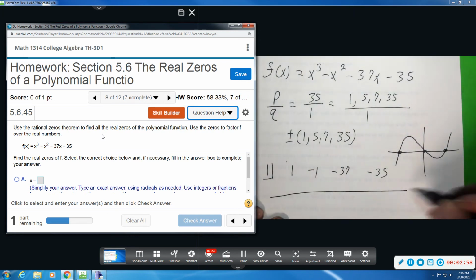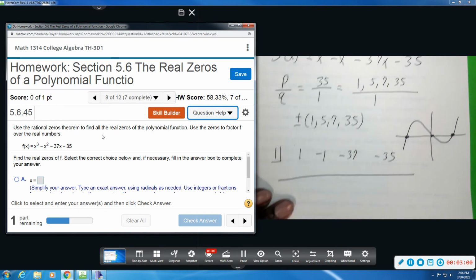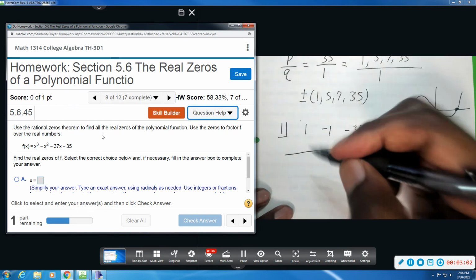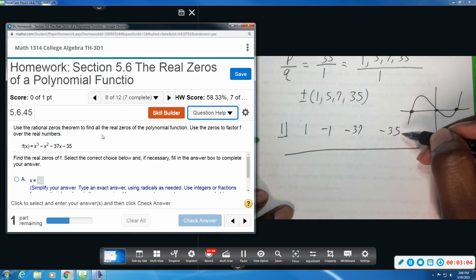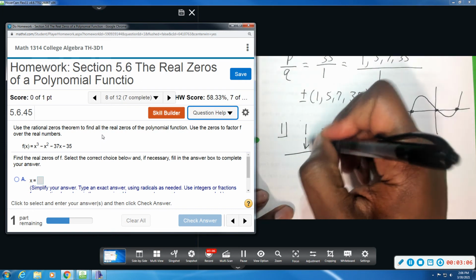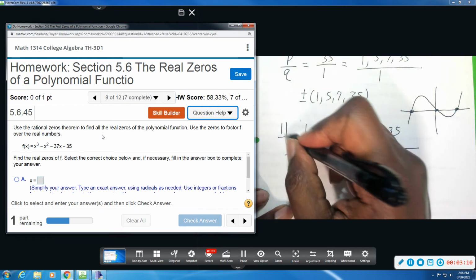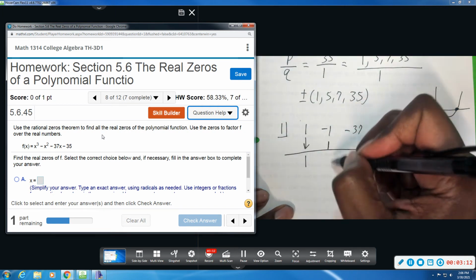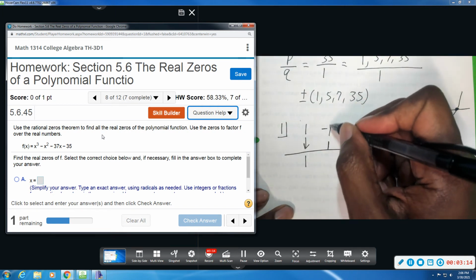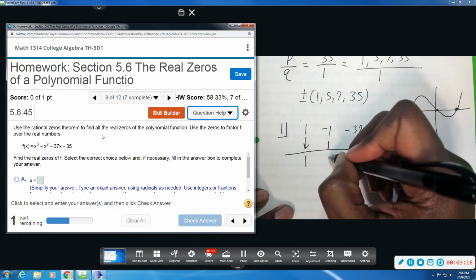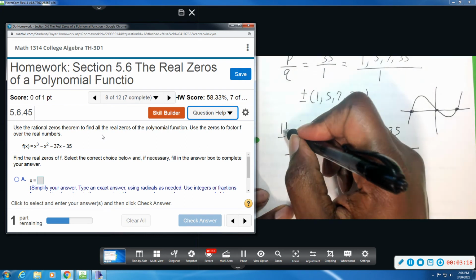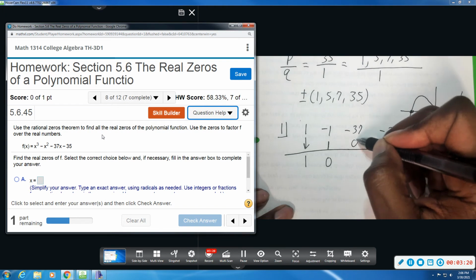So I'm trying out to see if positive 1 is a 0. So the process, this is synthetic division. You're going to bring down the first term, and then you multiply. 1 times 1 is 1. And then we combine, so we have to subtract because the signs are different, we get 0. And then we do 1 times 0 is 0.